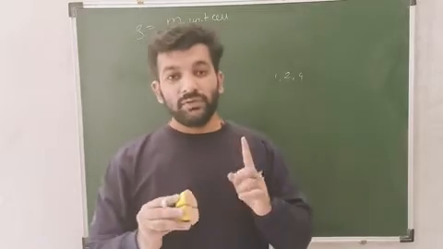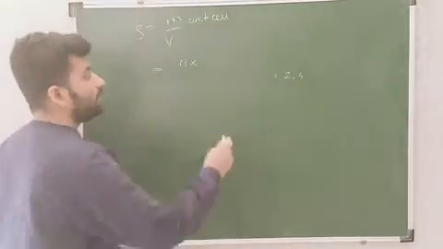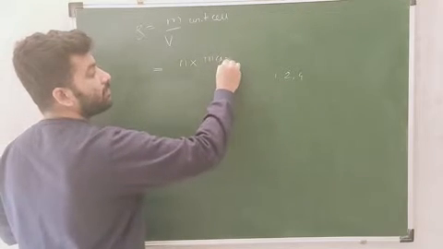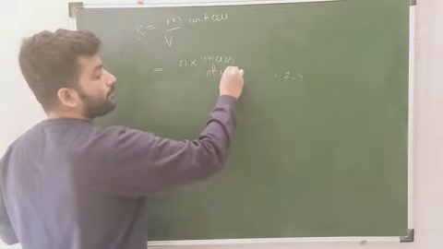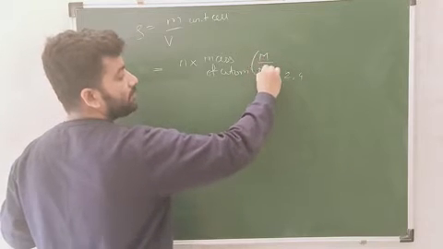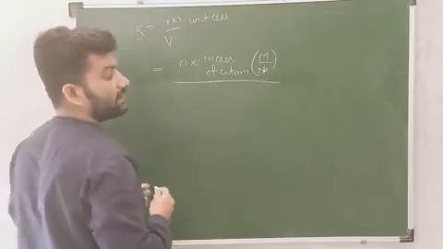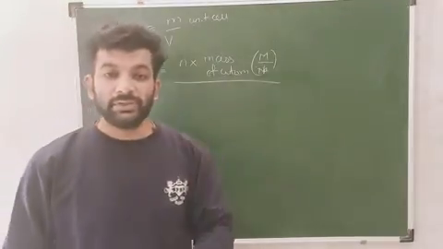So one is the number of atoms and the second is the mass of an atom. The mass of an atom is represented by molar mass upon Avogadro's number. So M upon Na gives you the mass of that particular atom.